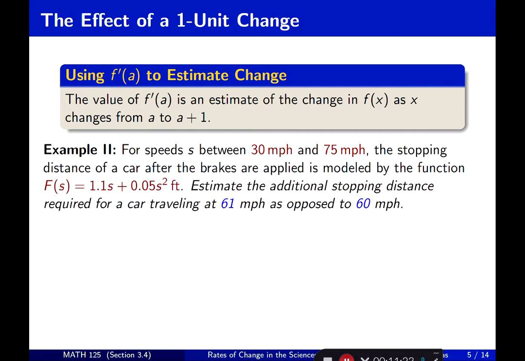Instead of calculating the exact values, which is more complicated, we can use the less complicated derivative to estimate the differences. If I want to find the actual value, I have to plug in 60 miles per hour for s, and then plug in 61 miles per hour for s, and then subtract.